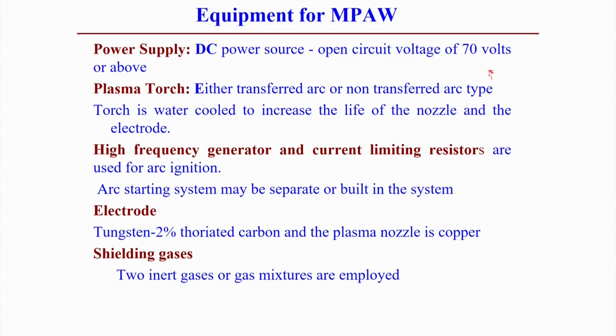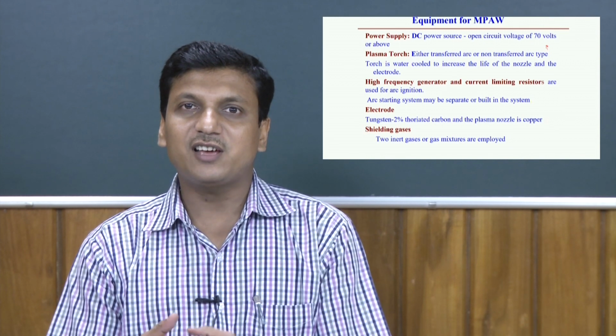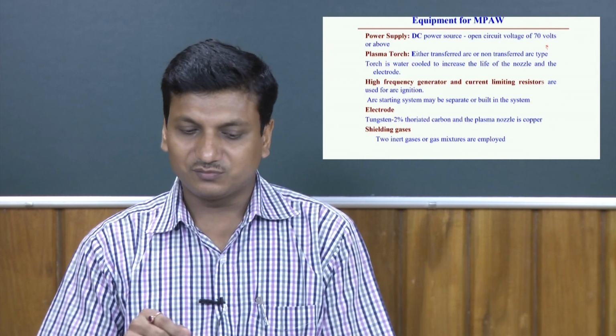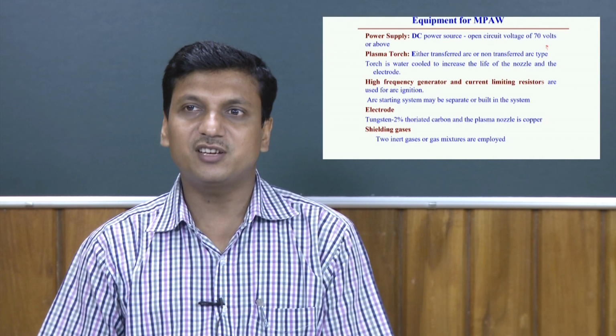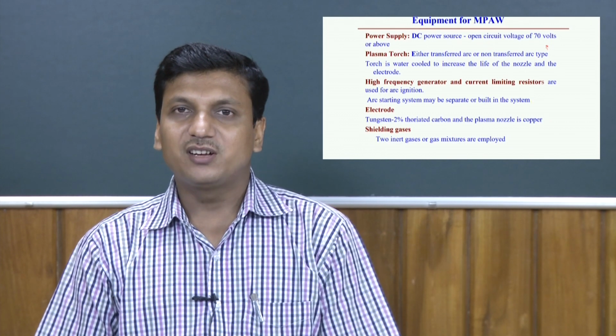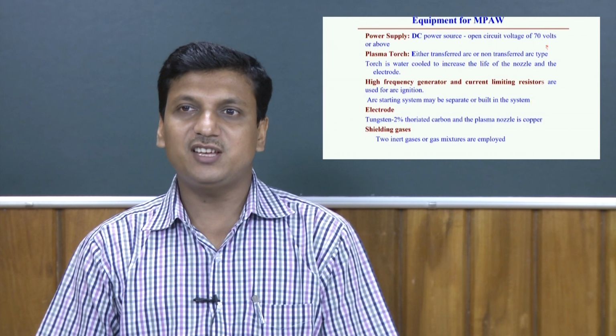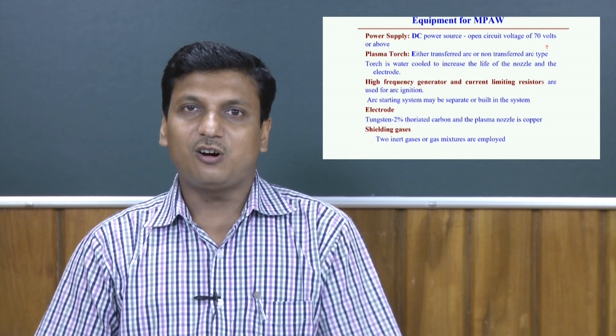One is for the generation of the plasma arc, and the other is for sealing. Maybe the same type of gas can be used for both, but if we need an extra arrangement of gas supply, specific to joining of titanium alloy, extra sealing gas is required to protect the material from oxidation.